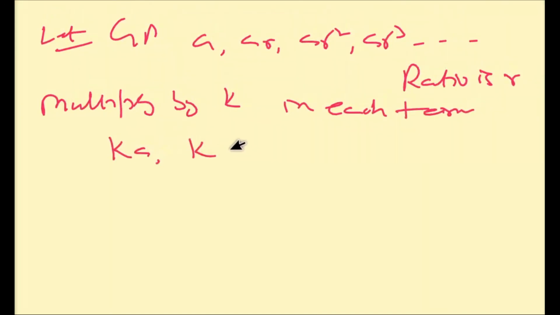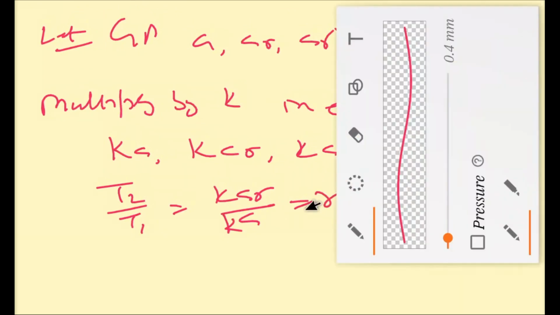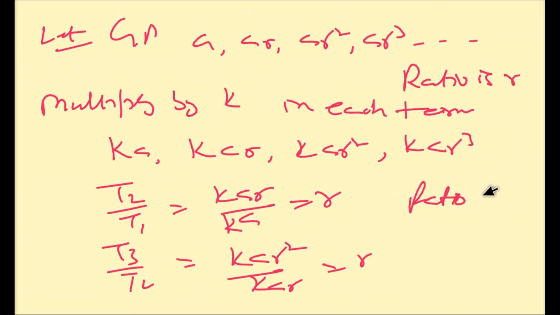KA, KAR, KAR square, KAR cube. Now T2 upon T1 equal to KAR upon KA equal to R, and T3 upon T2 is also KAR square upon KAR, we can see R. Ratio is R, no change, and it is GP.